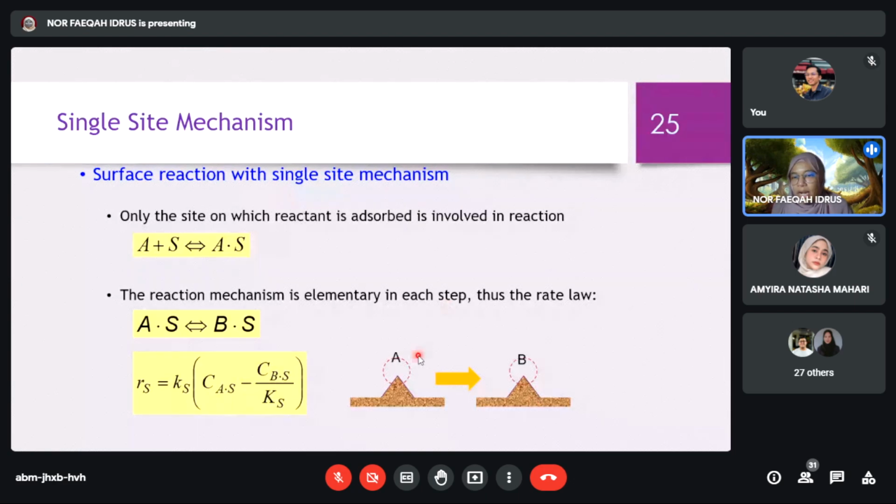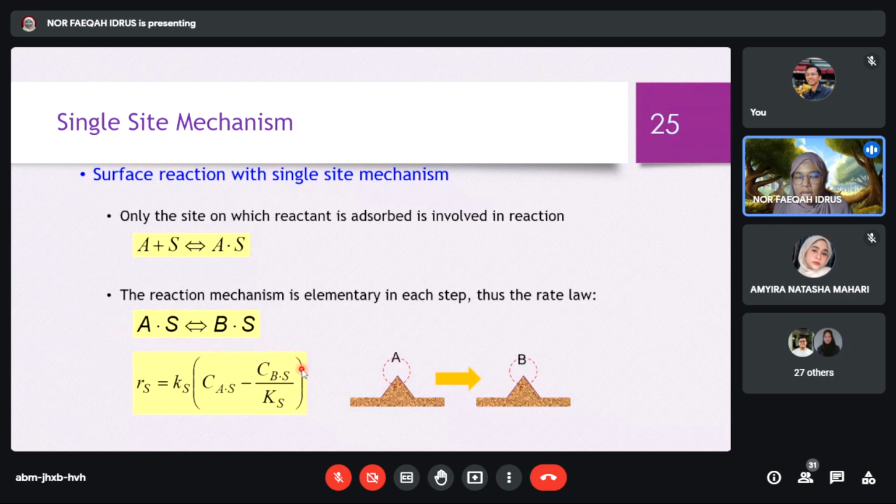Okay. And what is the rate law equation, or rate of reaction equation? Of course, because the reaction takes place via a reversible reaction, Rs equals Ks times C_A·S, the adsorbed species concentration. We express it in terms of its concentration, minus C_B·S, because it is still in the form of adsorbed species, divided by Ks.